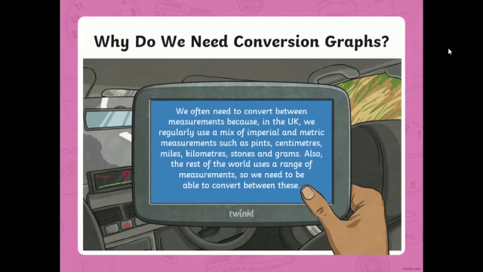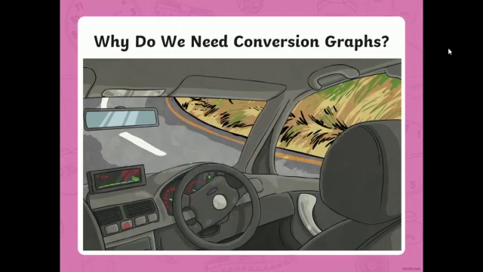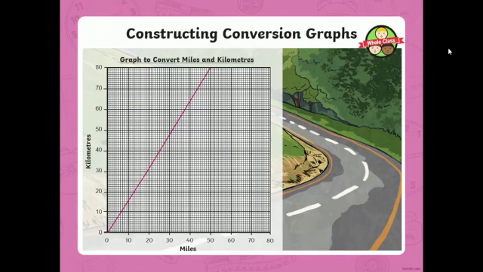So what does a conversion graph look like? It looks like that. Now you can see we've got our normal layout for our graph. We've got our axes, kilometres is on the y-axis going vertically, miles is on the x-axis going horizontally. Now if you remember there's 5 miles is roughly equal to 8 kilometres, and you can see that on the chart.